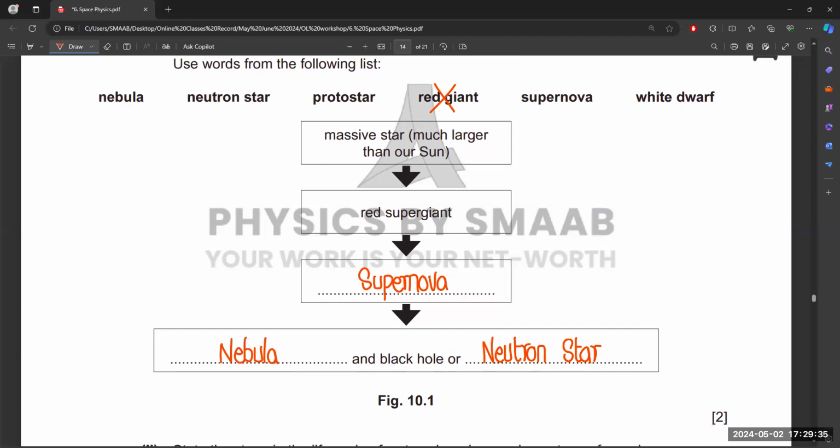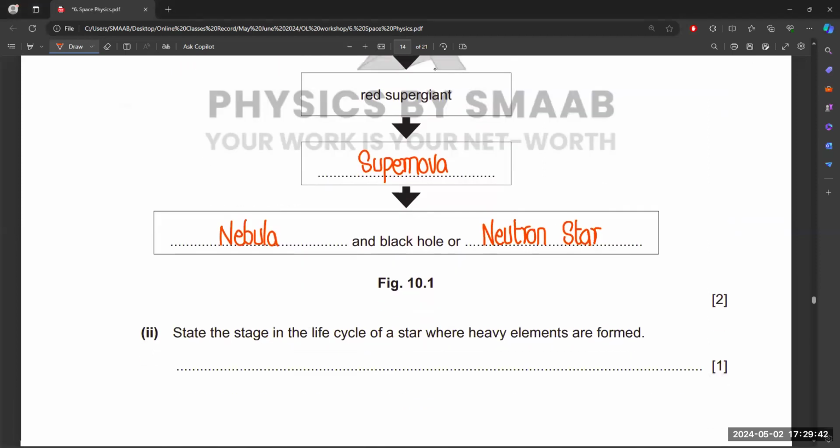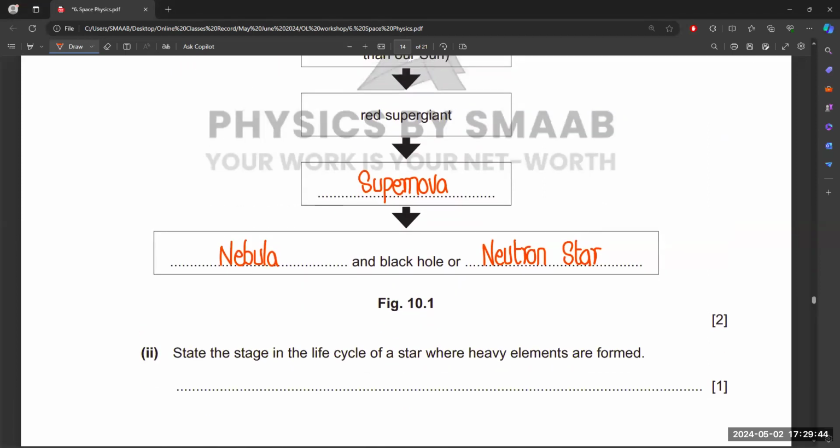Yes, these explanations are already given in the notes on the life cycle of a star, so you may also take reference from there. What are the stages and how do we explain those stages?